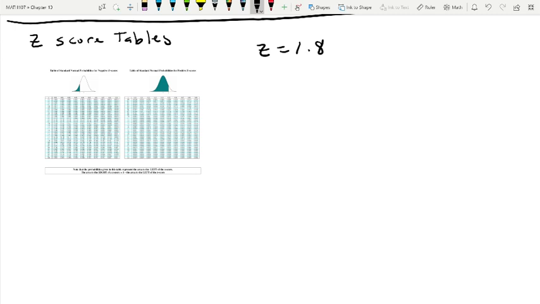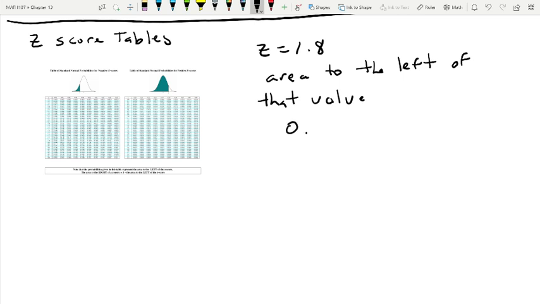If I look on this chart and find 1.8, this corresponds to an area, the area to the left of that value, and reading my chart, that number comes out to be 0.9641.